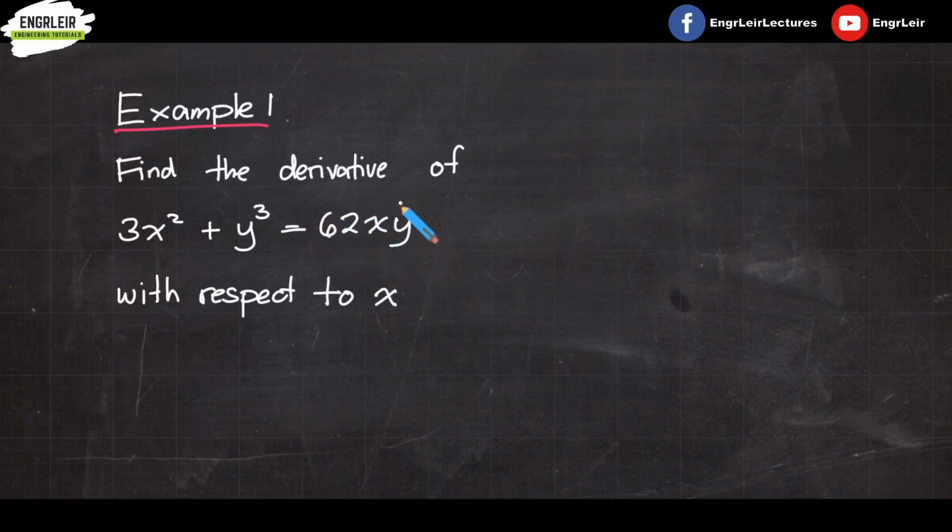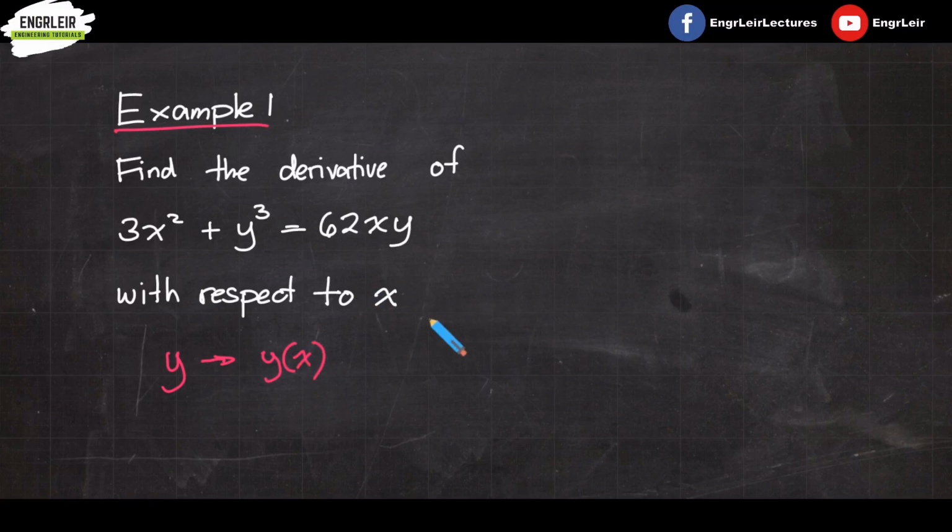Pag nilipat mo yung 62xy sa kabila, nagiging yung form na natin na a function in xy is equal to 0. Now, para mag-derivative ng implicit functions, ang gagawin mo lang is i-derivative mo isa-isa ng terms with respect to x. And remember, y is a function of x. So, you need to remember y is a function of x dito sa ating example na to.